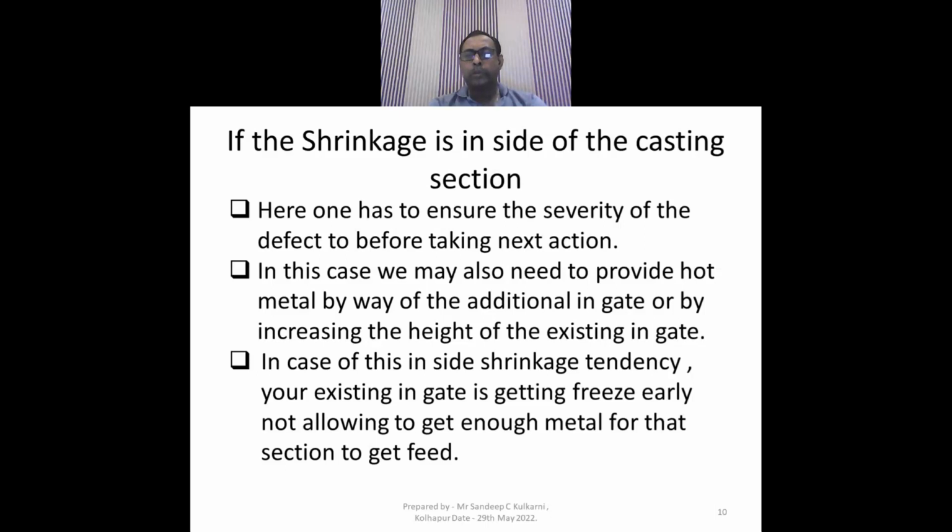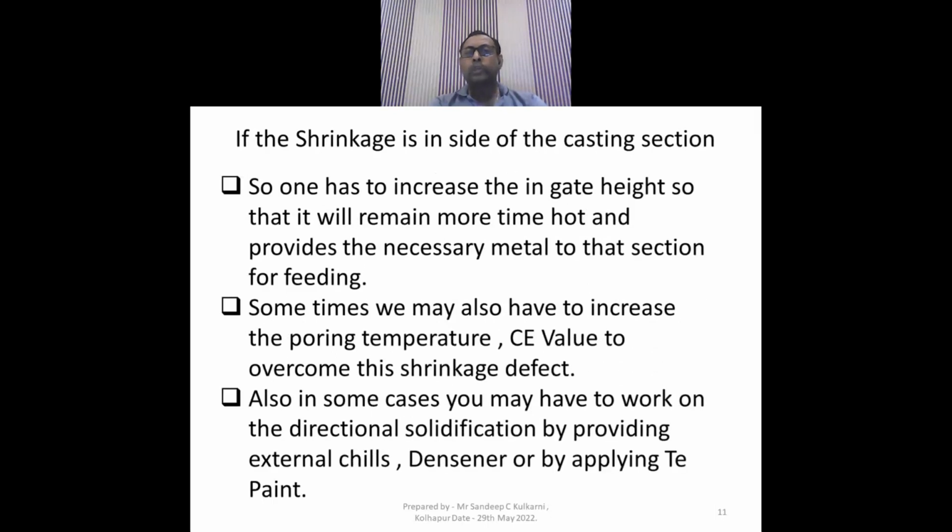So you have to increase the height of the ingot so that it will not freeze early and will provide the necessary metal feeding to that section. It will remain hot for more time and provide the necessary metal for feeding.